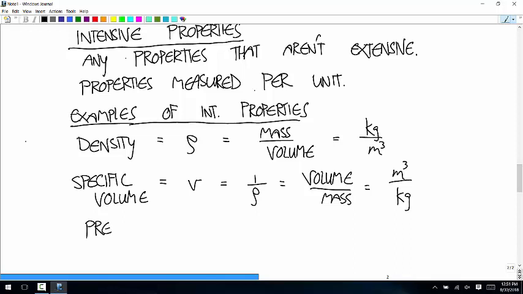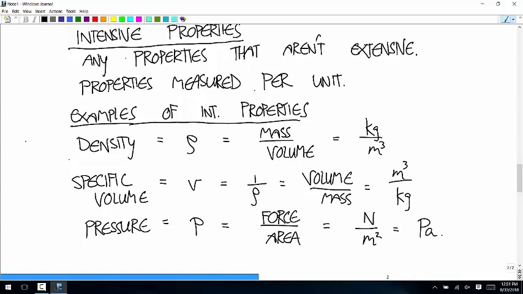Pressure we'll write as a lowercase p, and that's a force over an area, so newtons per meter squared, which is equivalent to pascals.